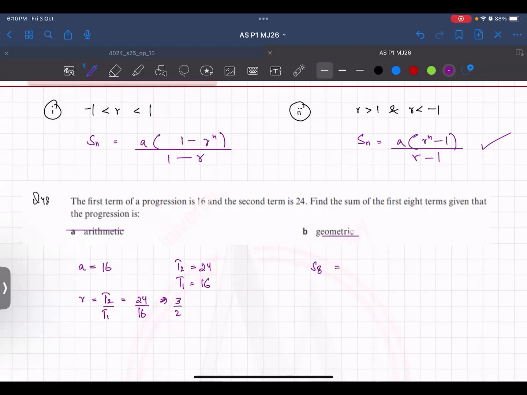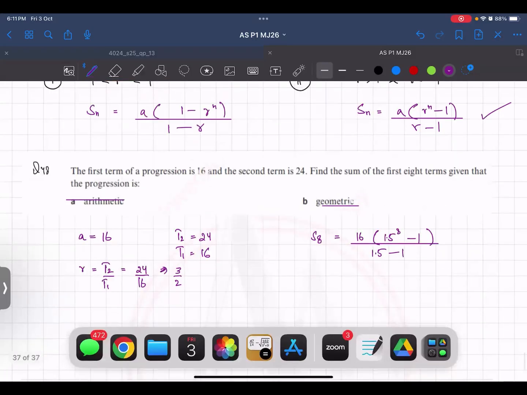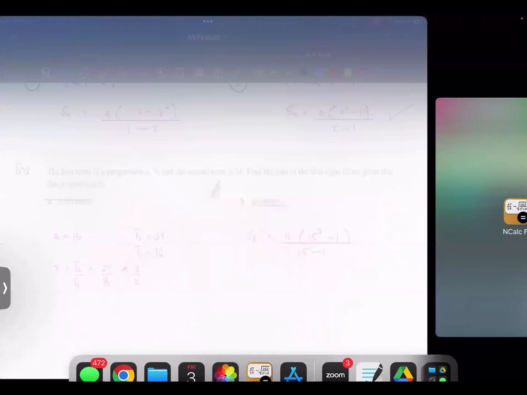So the sum of the first 8 would be, look here, a is 16, then r power, how many is the number of terms? 8. And r is 3 upon 2, which is 1.5. So 16 times (1.5 power 8 minus 1) upon (1.5 minus 1). Now use your calculator.